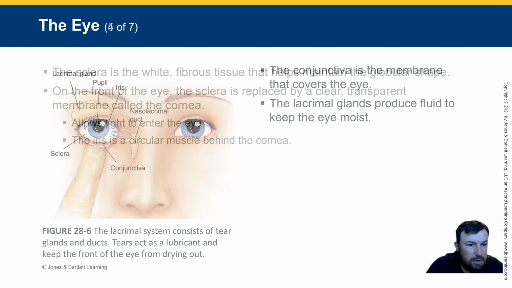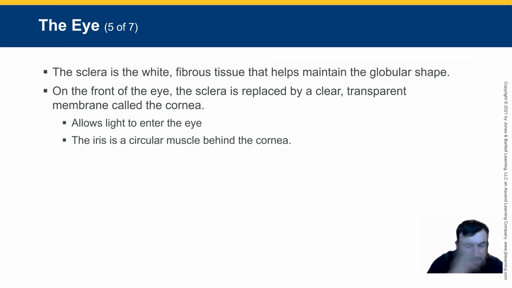It was in my notes. The sclera is the white fibrous tissue that helps maintain the globe shape. The front of the eye is replaced by a clear, transparent membrane called the cornea.